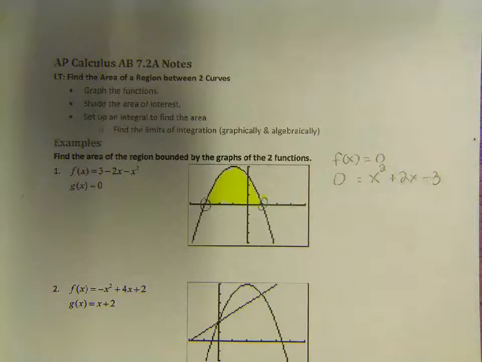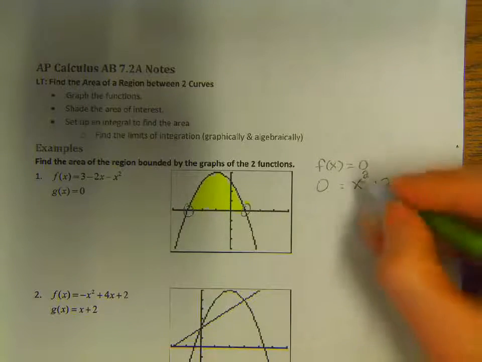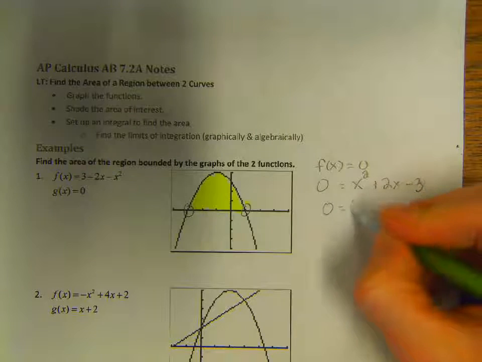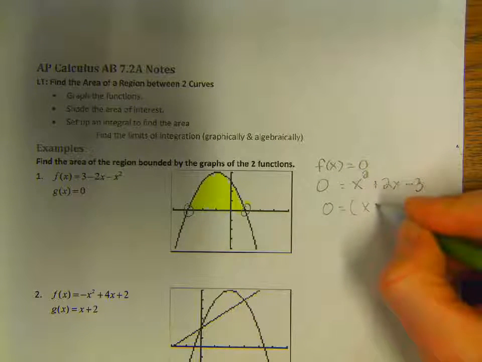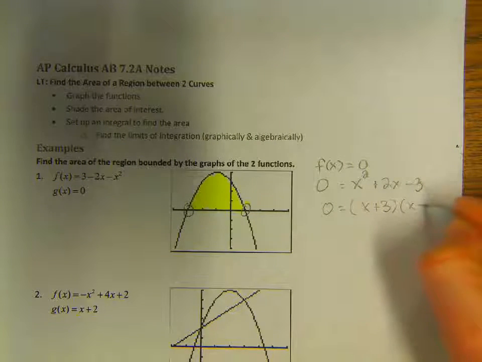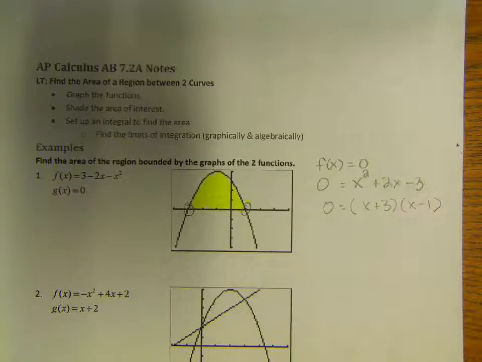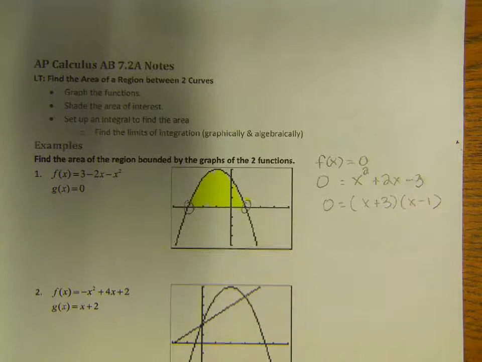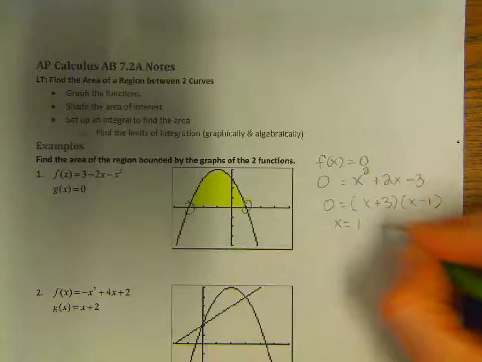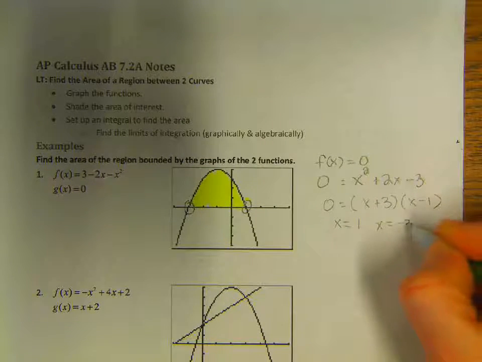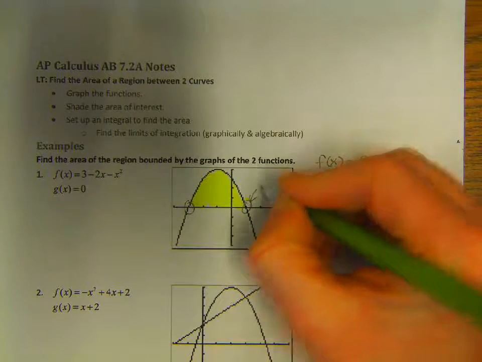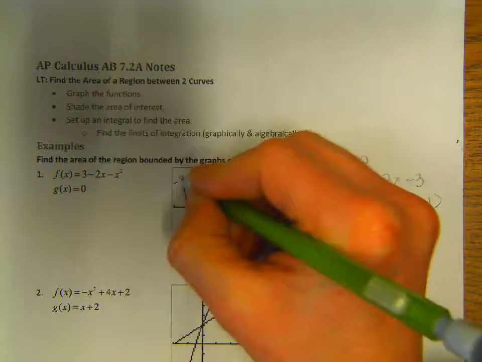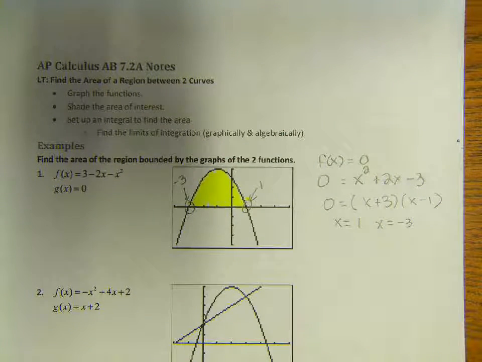All right, yes, you can use the quadratic formula, but this factors nicely. What does it factor into? Good. And now let's confirm, does that match up with what I see there? Yep, there are zeros at x equals 1 and x equals -3. That just gives me my limits of integration.